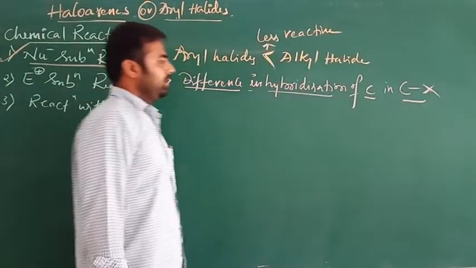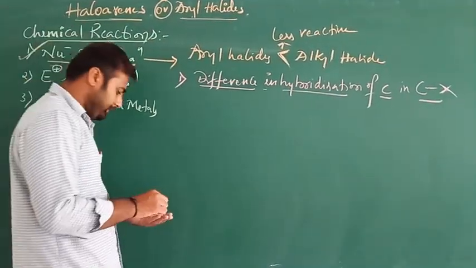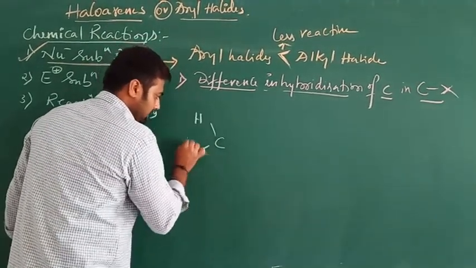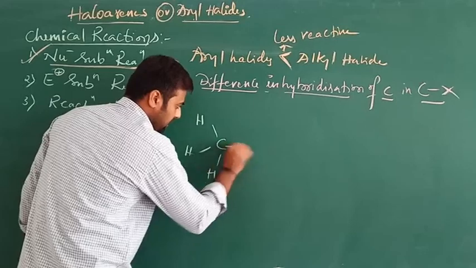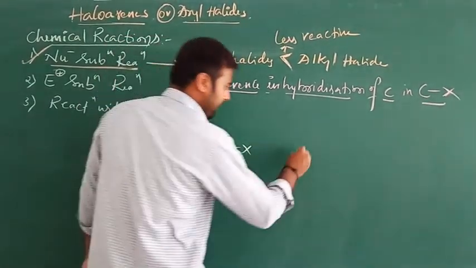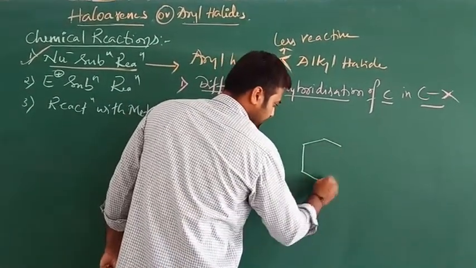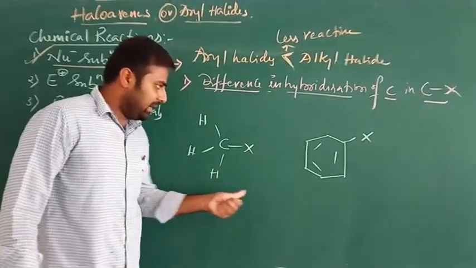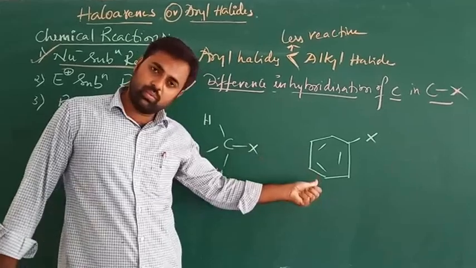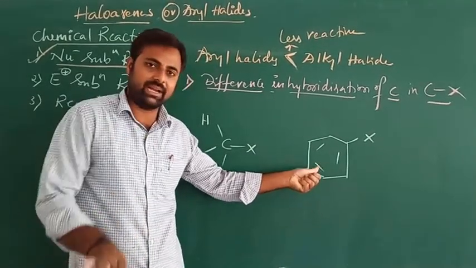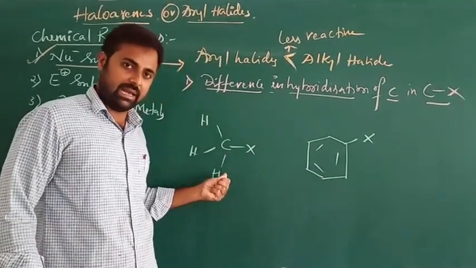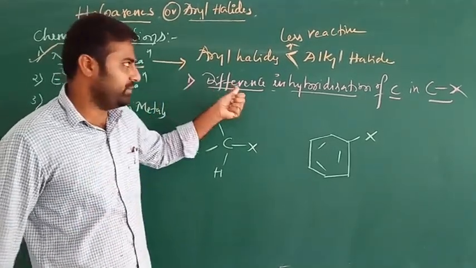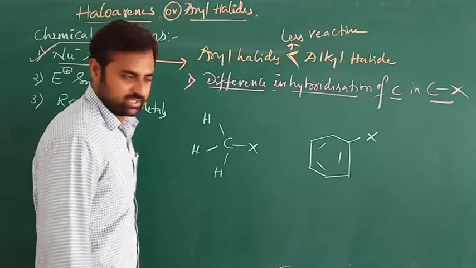So let's see what that concept is. Now I am taking both an alkyl halide and an aryl halide. Out of these 2 compounds, aryl halides are less reactive than the alkyl halide towards nucleophilic substitution reaction. Why? The reason is the difference in hybridization of carbon in the C-X bond.